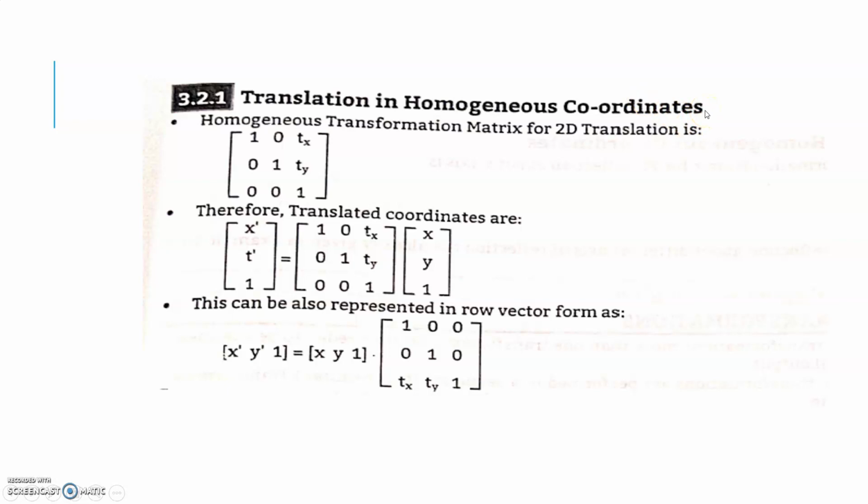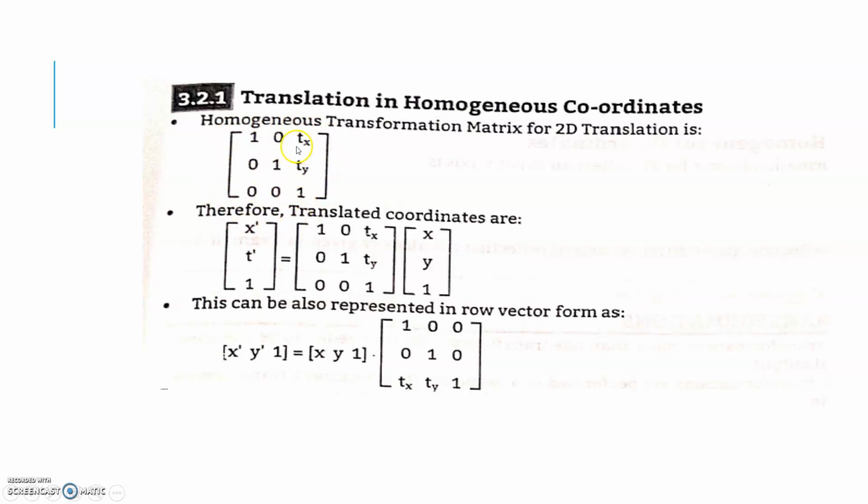In the previous video, we studied what translation is, and also the matrix form for a translation. Now we have to see how the homogeneous transformation matrix for 2D translation would be. The homogeneous transformation matrix for 2D would be like this.